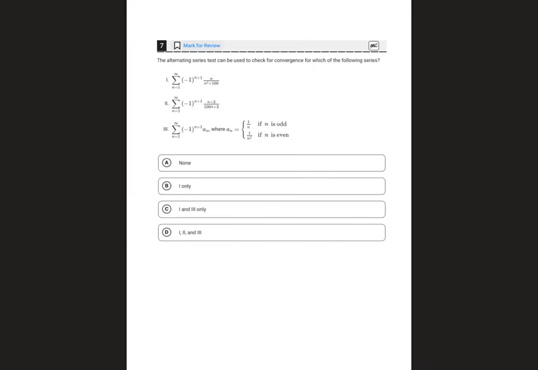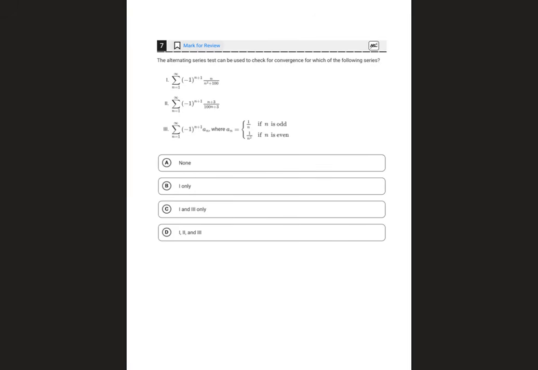Okay, the alternating series test can be used to check for convergence for which of the following series? Okay, so in the previous problem, number 6, we looked at the conditions that have to be true for a given series in order to use the alternating series test.